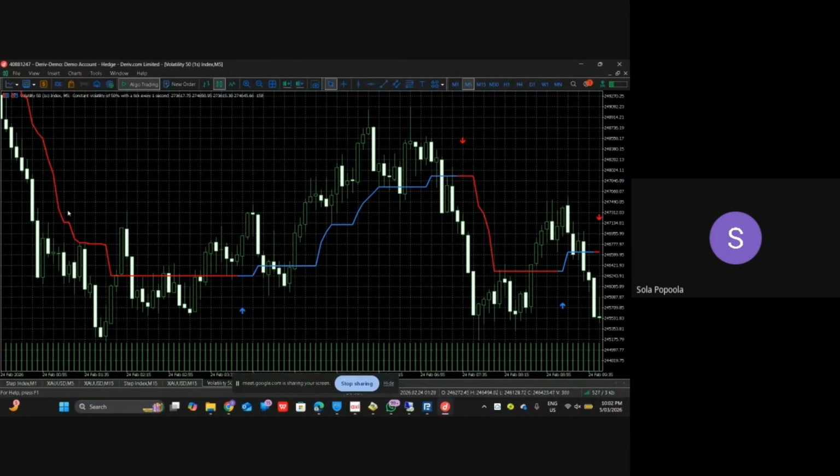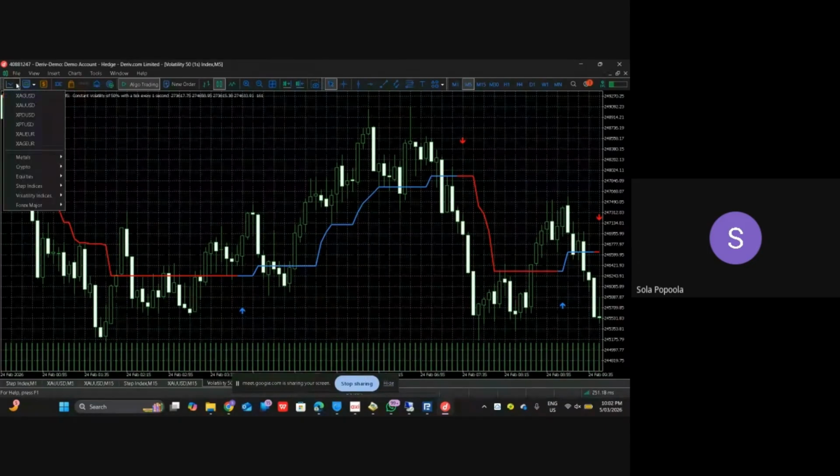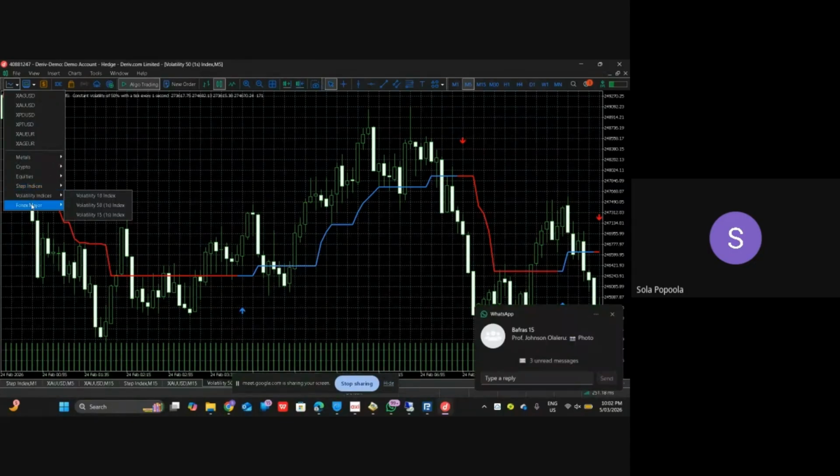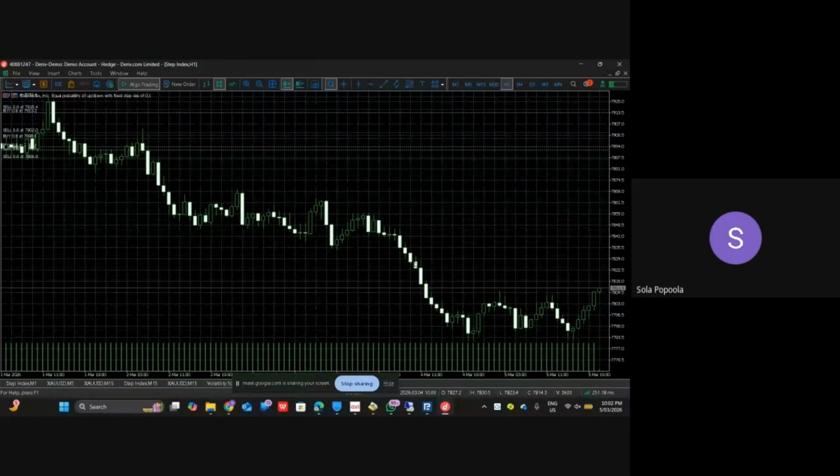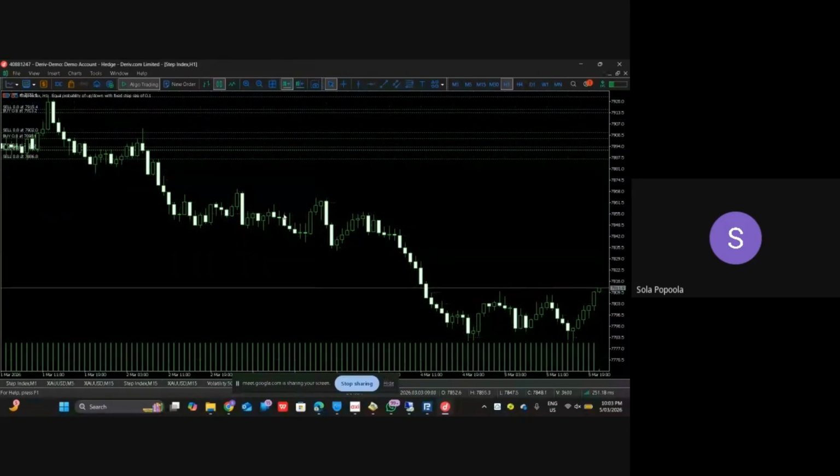Let's look at these step index volatility, because I always prefer step index. So here, let me take off these lines and then squeeze these up.